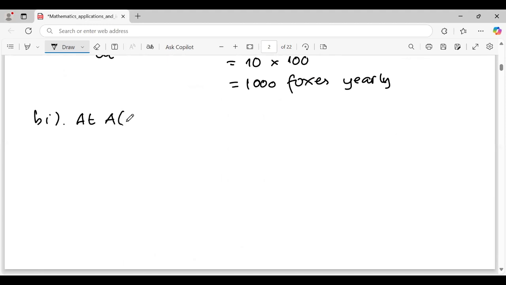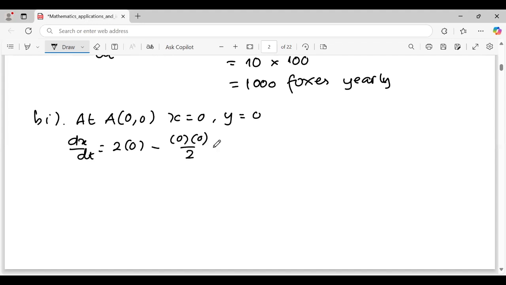At A (0, 0), it means x equals 0 and y equals 0. So dx/dt equals 2 times 0 minus 0 times 0 over 2, and the result is 0. As well, on dy/dt, if you substitute 0 and 0, it's going to be minus 3 times 0 plus 0 times 0, and it is 0.